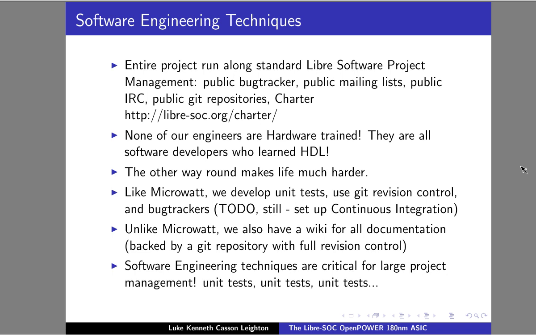And we went down as far as the module level. I am shocked that industry standard practices do not, I think most open source hardware projects do not use unit tests. They develop the whole thing and then do a high level integration test. What we did, if we wanted a module, we wrote a unit test for it.